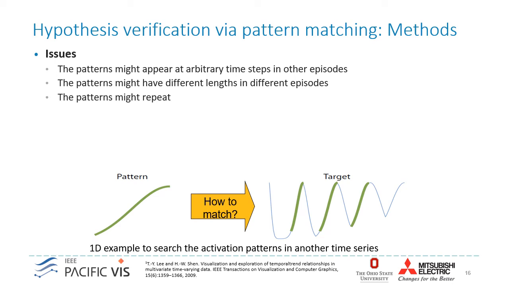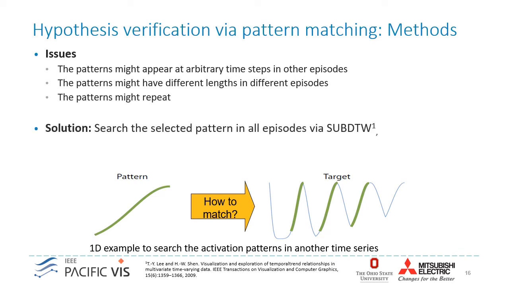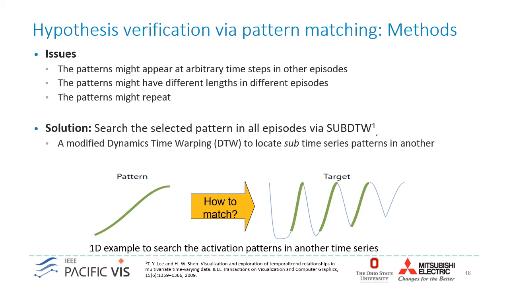Dynamic time warping is often used to efficiently match time series, but is designed to compare entire time series. To overcome this challenge, we use a modified pattern matching algorithm called subDTW. With subDTW, we can locate a time series pattern in other time series, even though the pattern exists in a different location and different scale, and the time complexity is still the same as a conventional DTW.